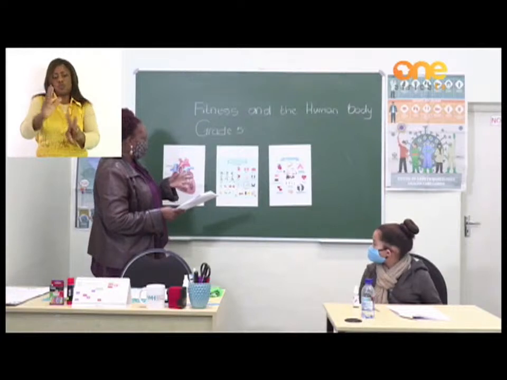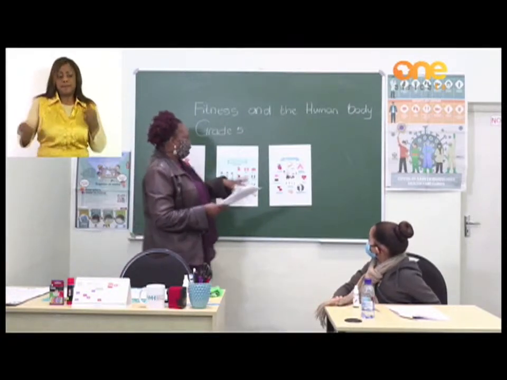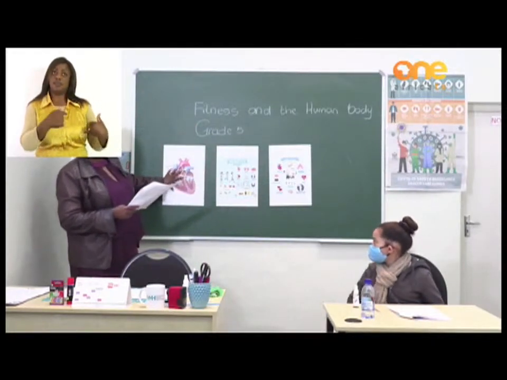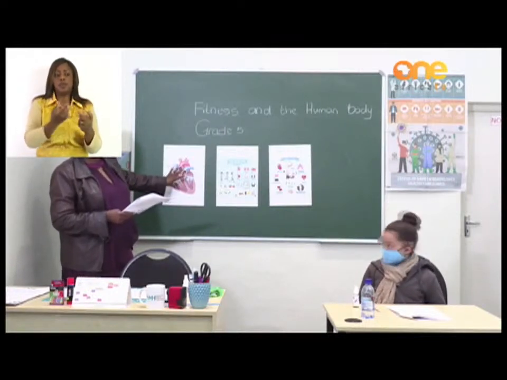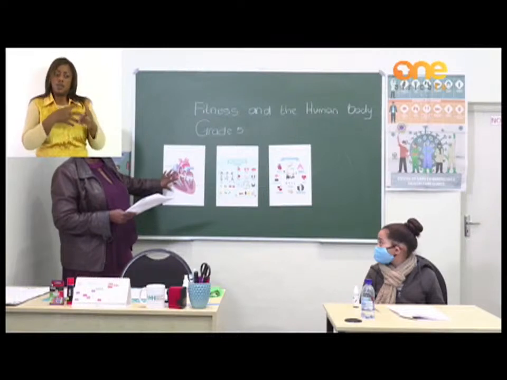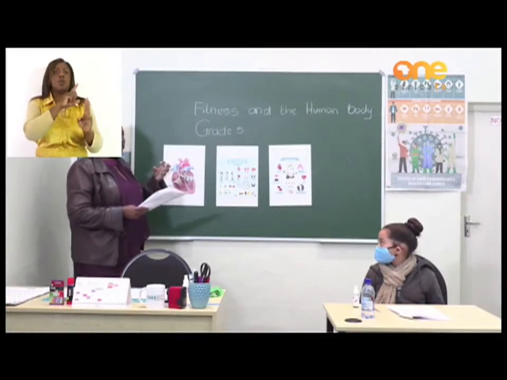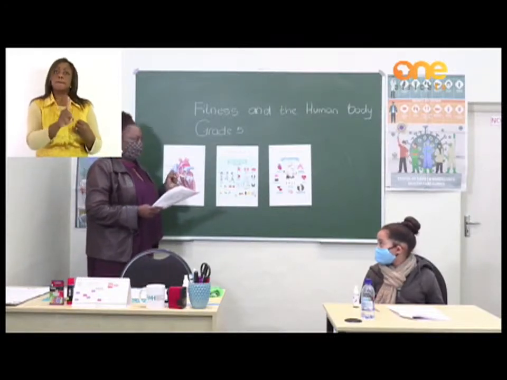Now, as you can see, these are the benefits of exercise here on the board. And the most important thing is your heart. The blood is pumped by the heart through the body, and then it has to come back to the heart. And this is why your heart can pump better if you exercise more.